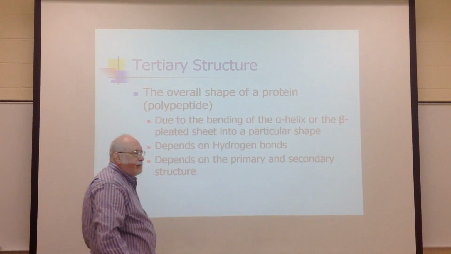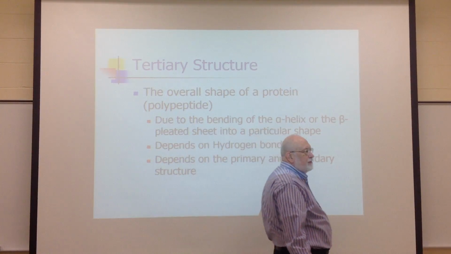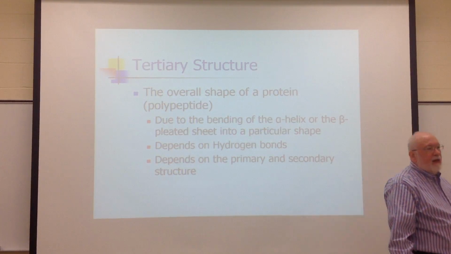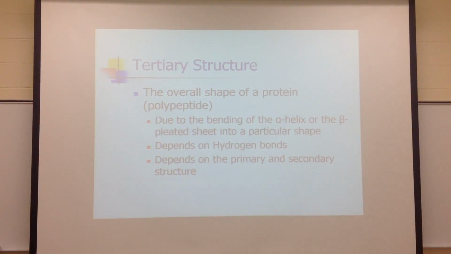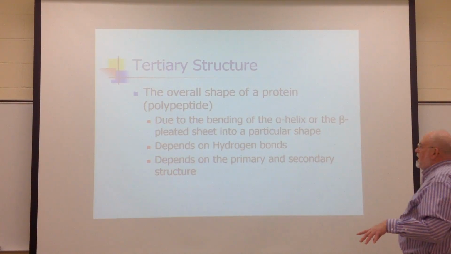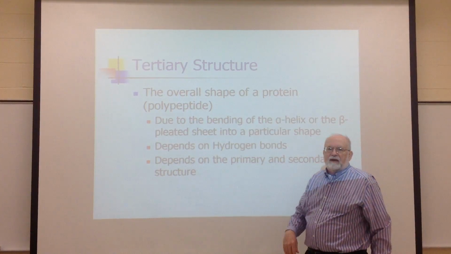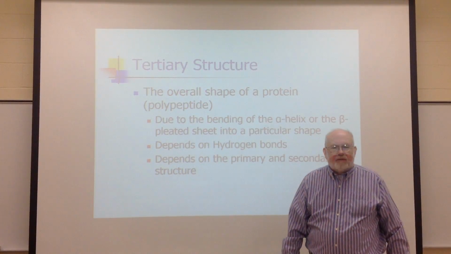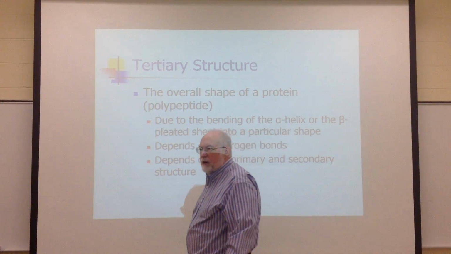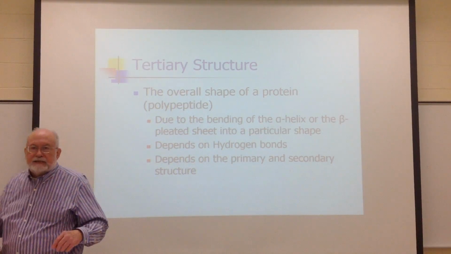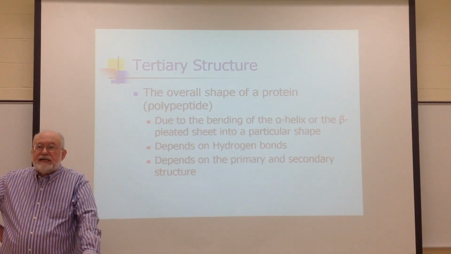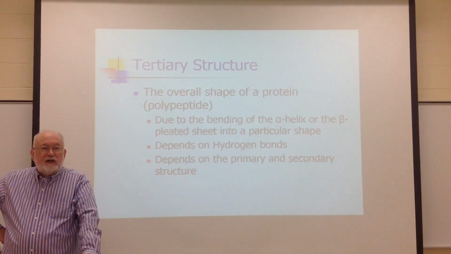And again, hydrogen bonds are one of the things that can be responsible for that. Where the hydrogen bonds can form depends on the amino acids that are there. So it's all built on the primary and the secondary structure. If you go back and change the primary structure with different amino acids, you're changing the secondary and you're changing the tertiary.